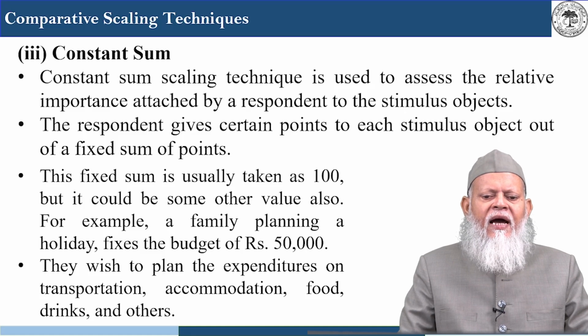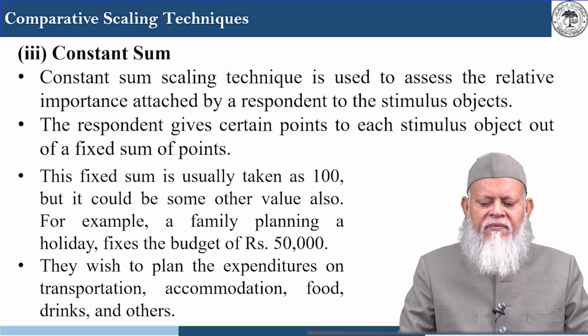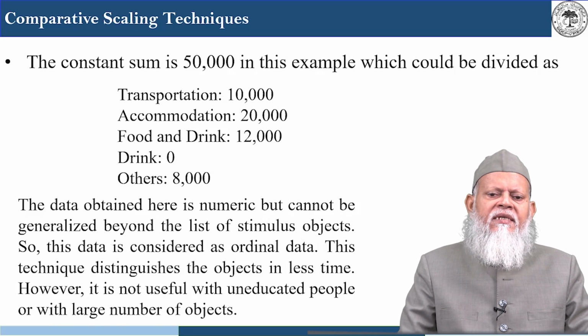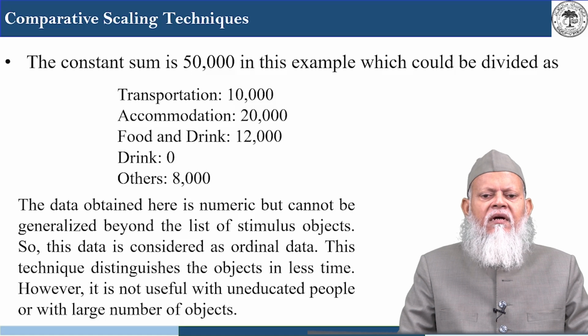They wish to plan the expenditures on transportation, accommodation, food, drinks and others. The constant sum is 50,000 in this example, which could be divided as transportation 10,000, accommodation 20,000, food and drink 12,000, drink 0, others 8,000.